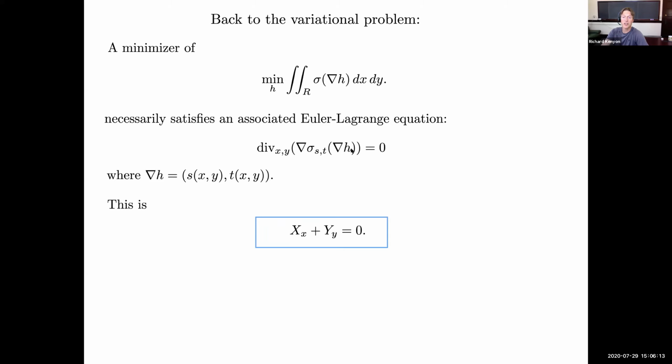Remember, H is a graph of a function of these two variables, x and y. And so this PDE says that these two quantities, capital X and capital Y, which are of course functions of the derivatives of sigma, satisfy this very simple equation.